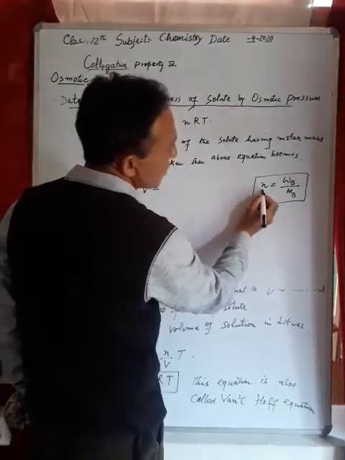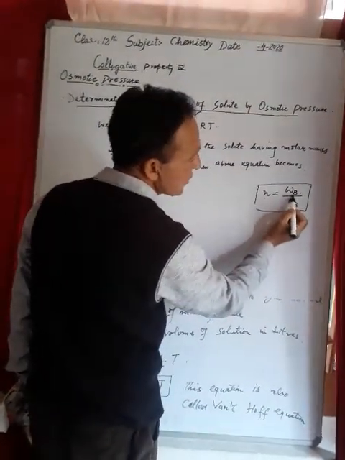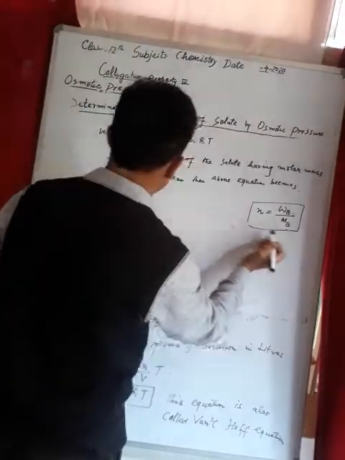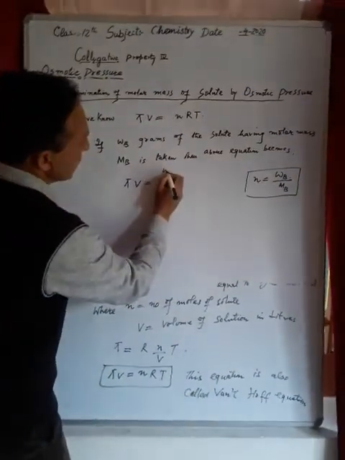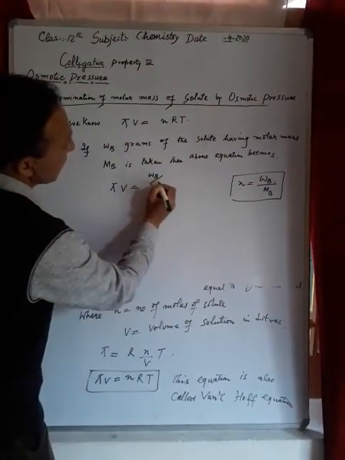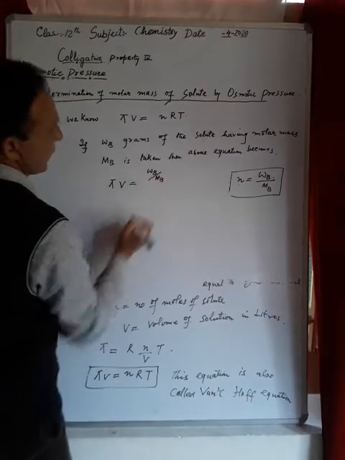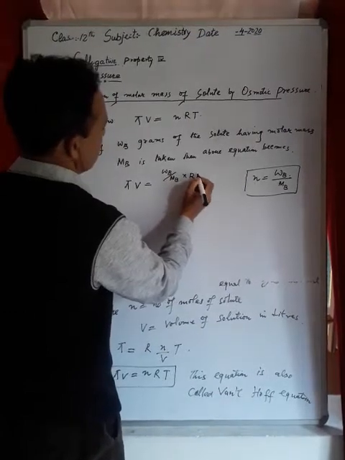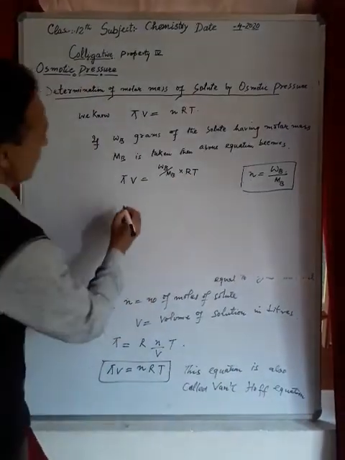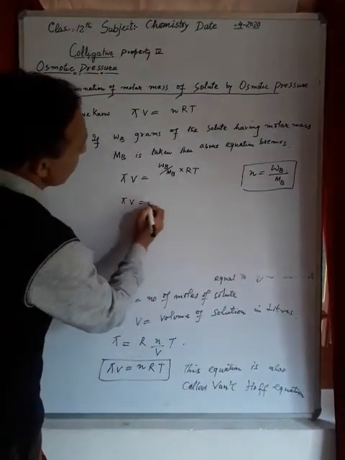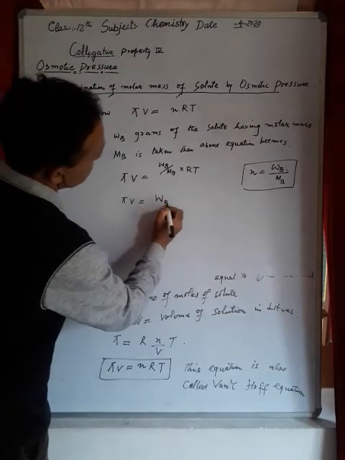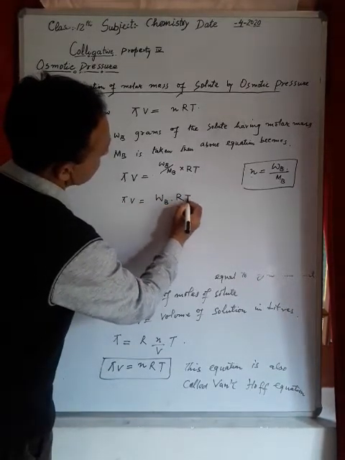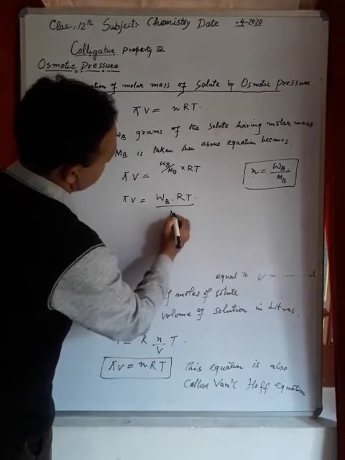Number of moles of the solute is equal to the mass of the solute divided by the molar mass of the solute. So we can write W_B divided by M_B into R T. So pi V is equal to W_B R T divided by M_B.